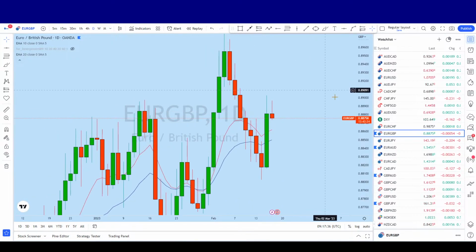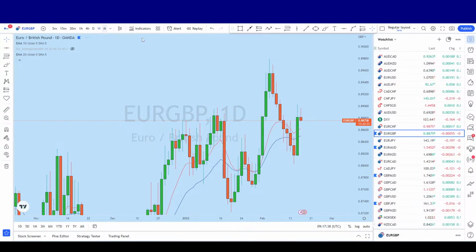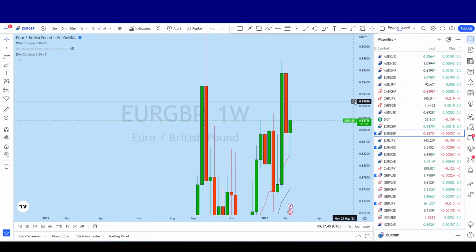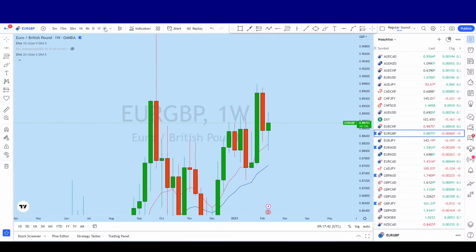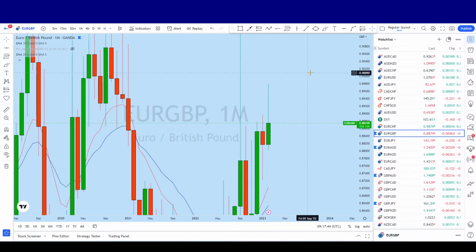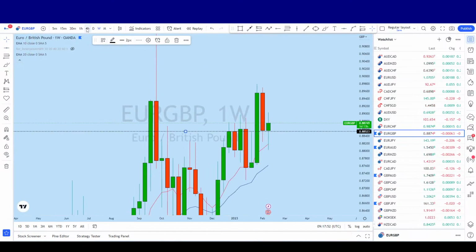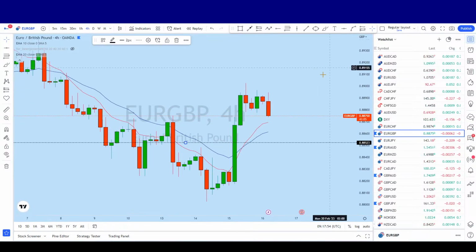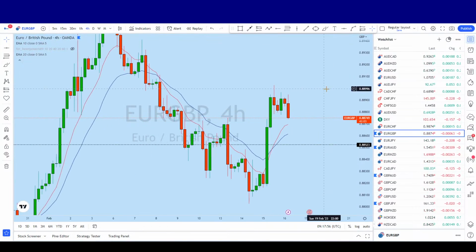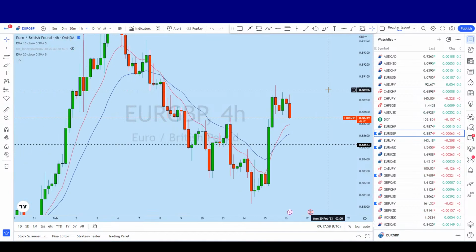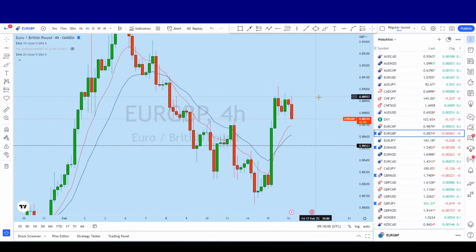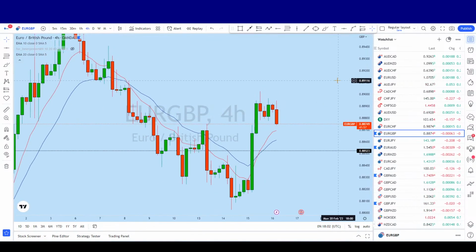Okay, with the Euro GBP, let me look at this one from the weekly, monthly. So Euro GBP, we might see a drop on this one. Let's open a position on Euro GBP.